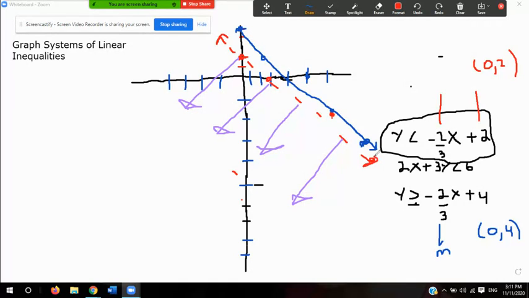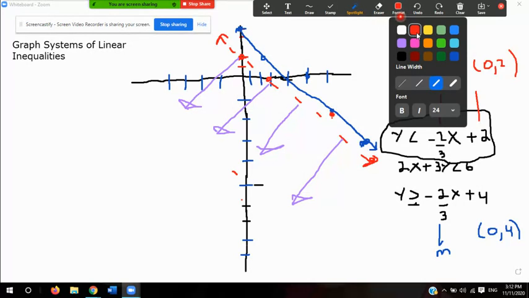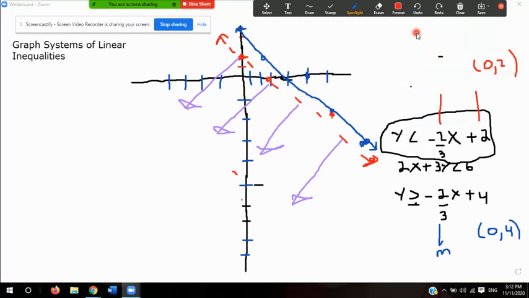And as I was saying, the second equation says greater than or equal to. So that means that not only is it a full line, but everything is to the right. So our answers are going to be everything to the right in this case, or above 4.